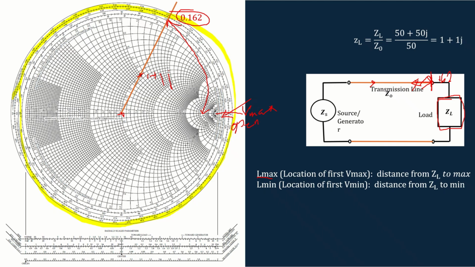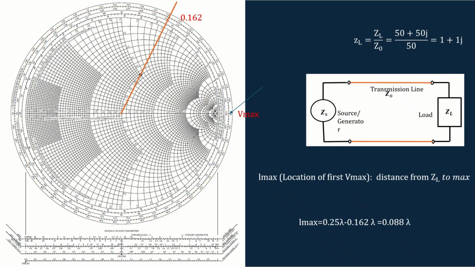So if you have to extend from 0.162 to 0.25, you can just calculate the value, or just do 0.25 minus 0.162 lambda, because this 0.25 corresponds to this value. Means if you are extending wavelength towards generator, here it comes 0, here it comes 0.25.